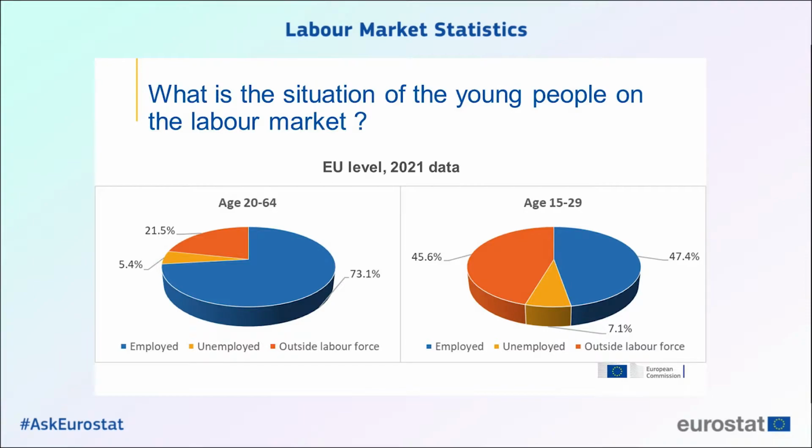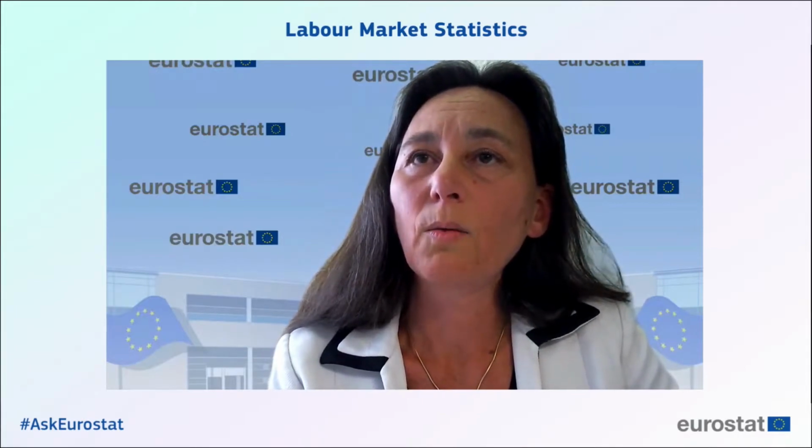So now that I set the scene, I will go to the figures. In terms of employment for the total population, we have more than 73% of employed people. But if we compare with the people aged 15-29, whom we consider here as the youth, you can see that the part of employed people is quite lower because of course some people are in education and not employed, because they are not even working 1 hour a week, if I can simplify the situation.